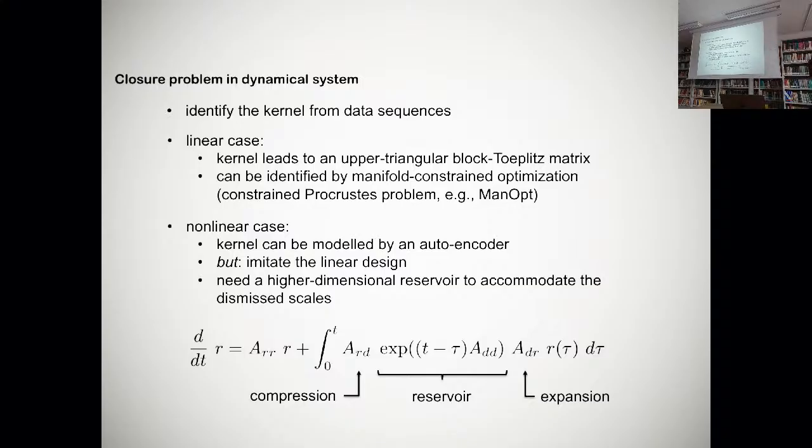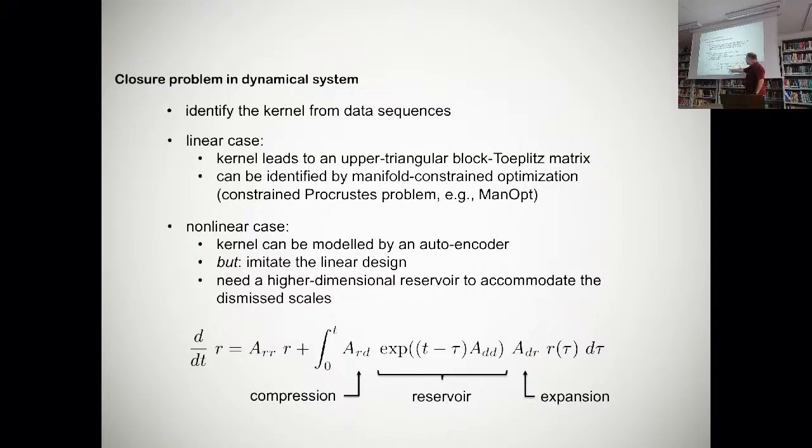So we just throw an autoencoder onto that kernel, the whole thing, and say, go figure it out from feeding it data. But now, what we do is we're going to imitate the linear design. So this whole thing will be an autoencoder. But remember, this one is an expansion.